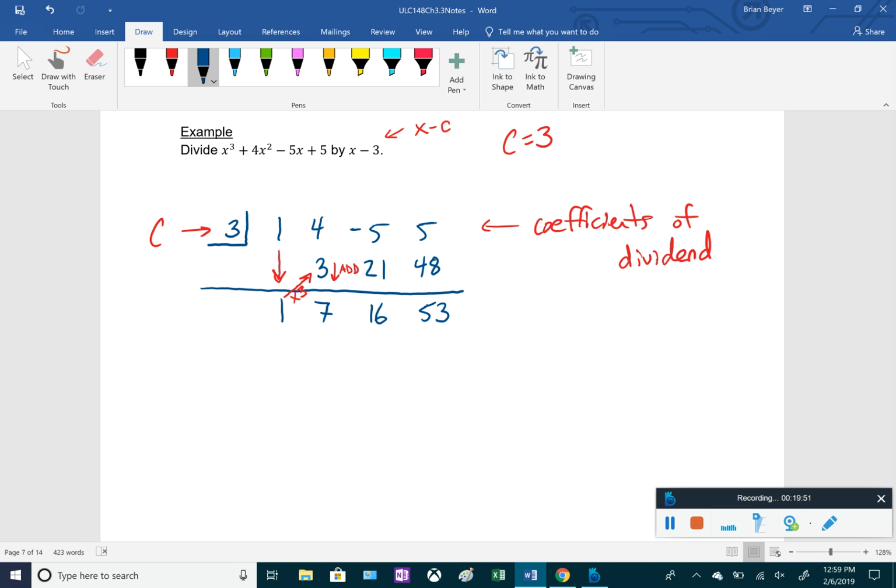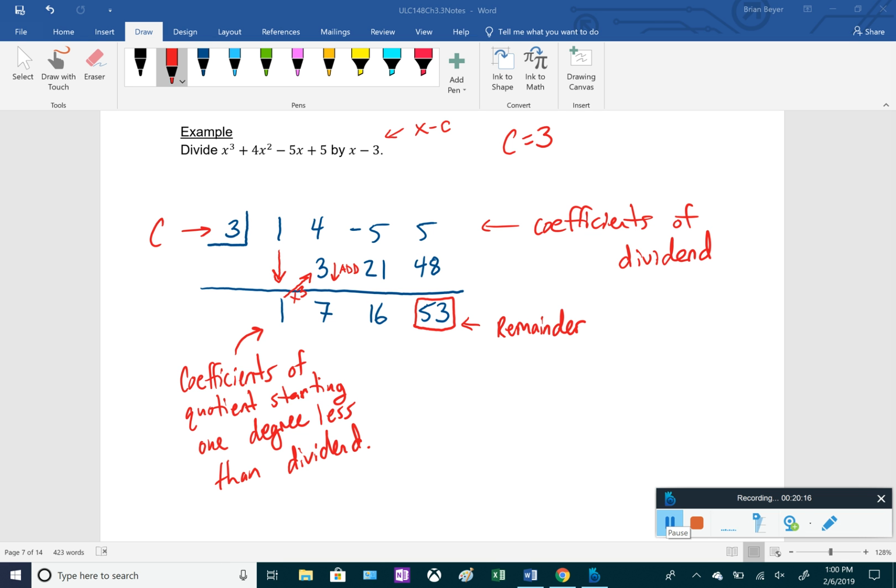So it's a lot of just multiplying, adding down, multiplying, adding down. So this last number right here is always going to be the remainder. So that's the remainder.